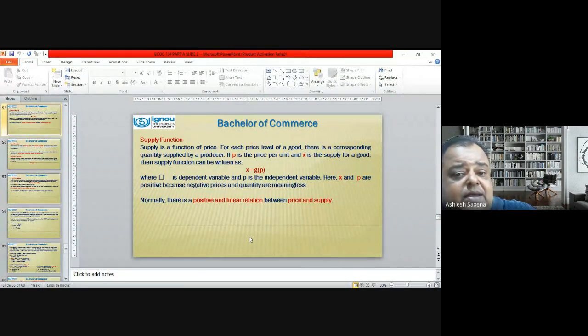X and P have positive values because negative price and quantity are meaningless. Normally, there is a positive linear relation between price and supply.